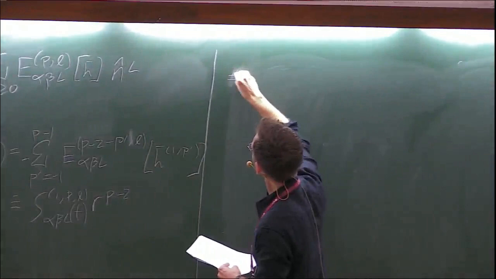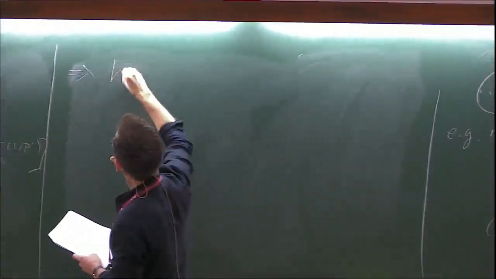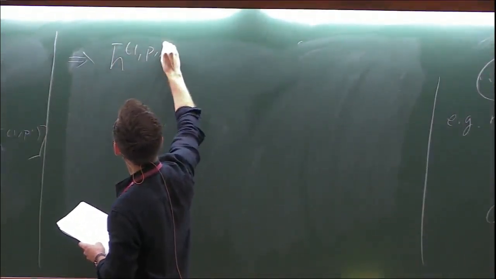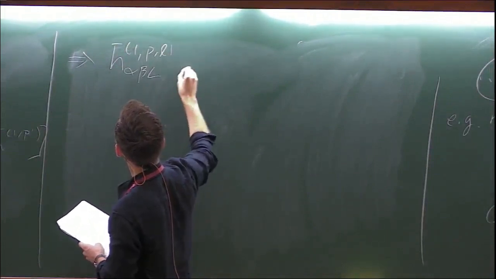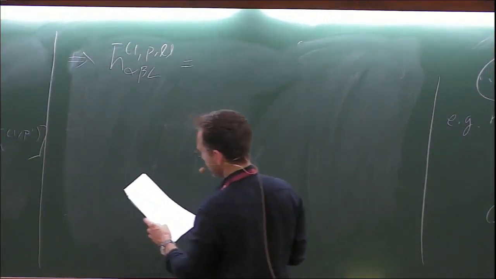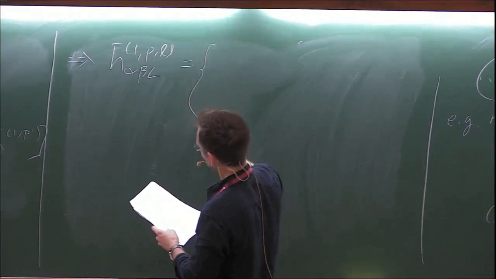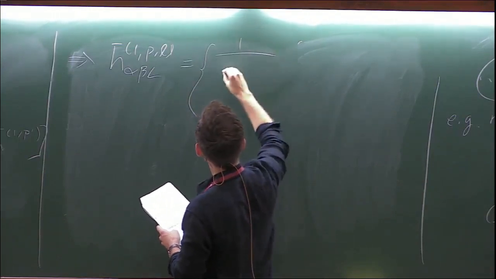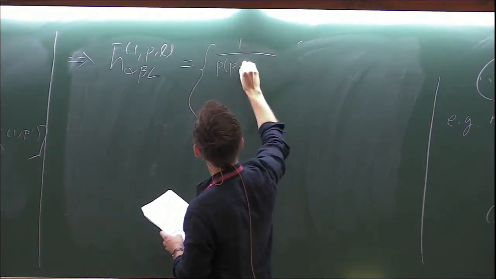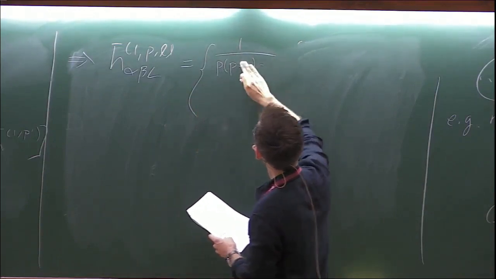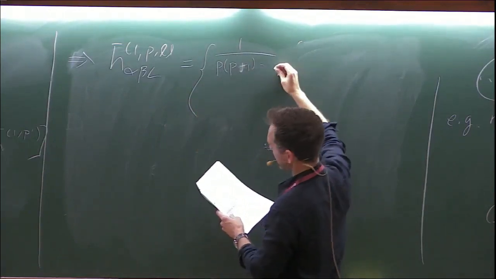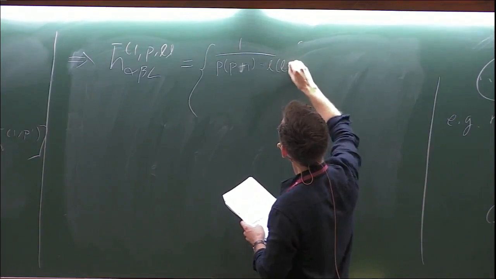So our solution is h bar 1 p l alpha beta l is equal to 1 over p times p plus 1 minus L times L plus 1.